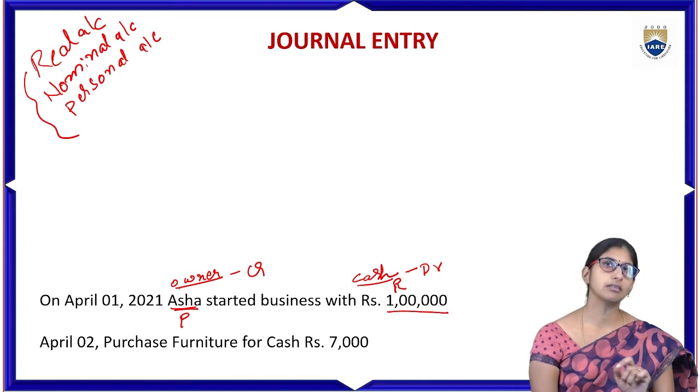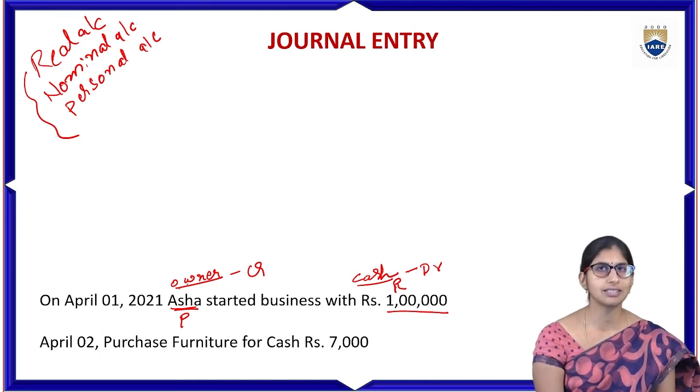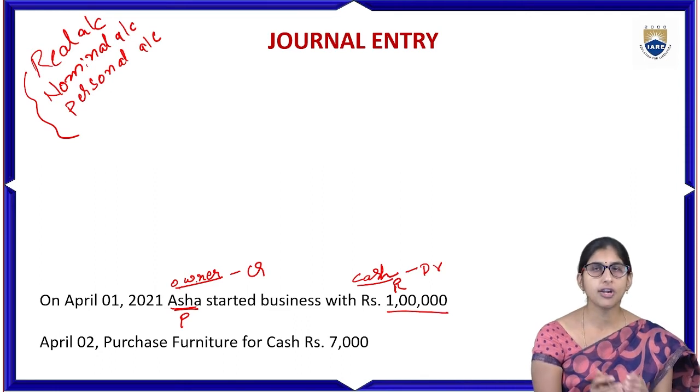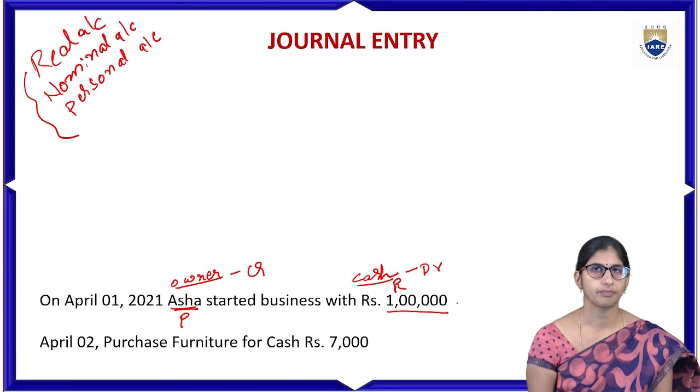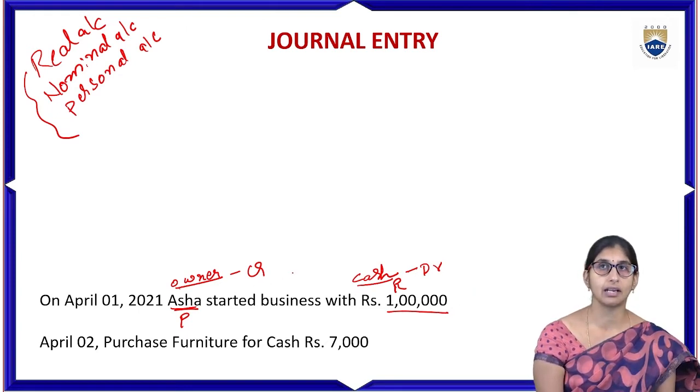But as per the regulations of accountancy, we should never write the owner's name in the books of account. So instead of Asha, or instead of the owner, in what form is Asha giving this 1 lakh rupees? Let us think about it. In the form of capital.